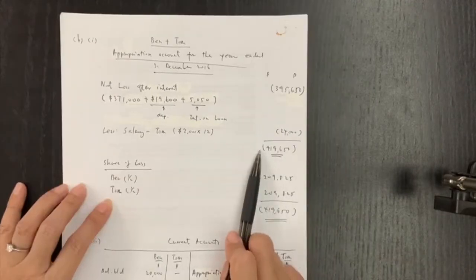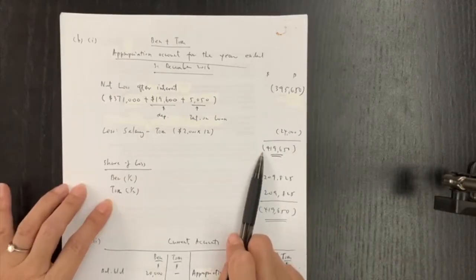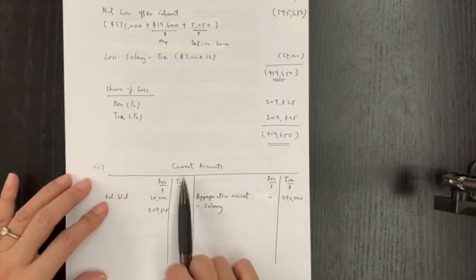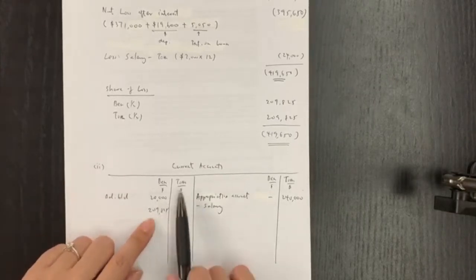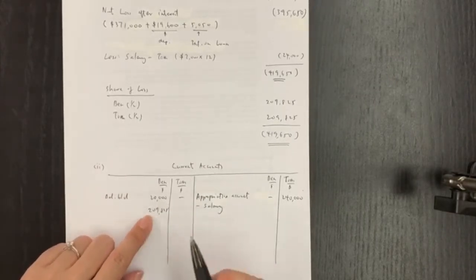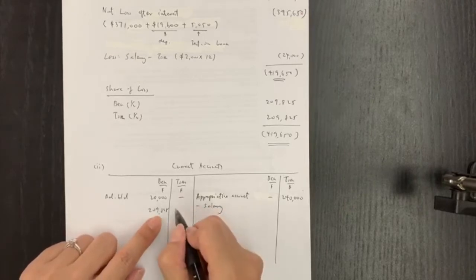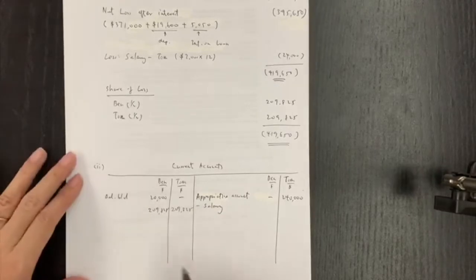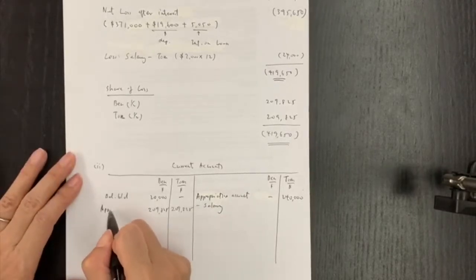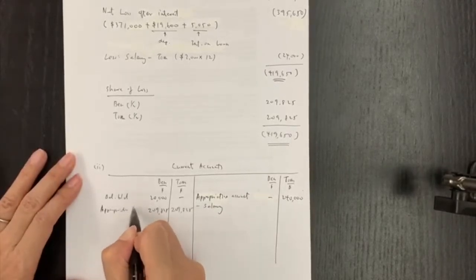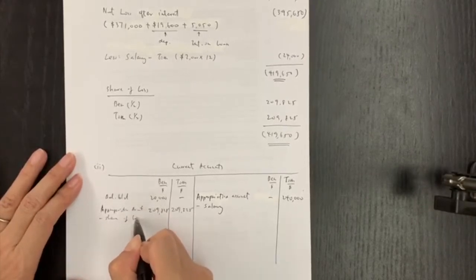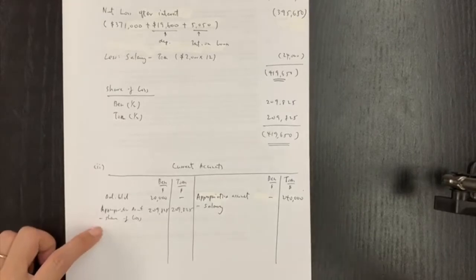So therefore we will have this negative figure, share of loss, to be shared by the new partners, Ben and Tom, using the new ratio, and this share of loss will go to the current account on debit side, so 209,825. And the name of the account is appropriation accounts, which is share of loss.